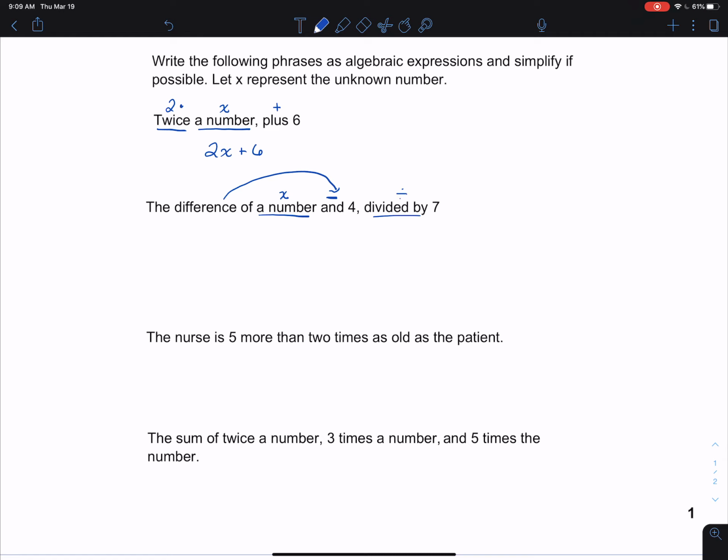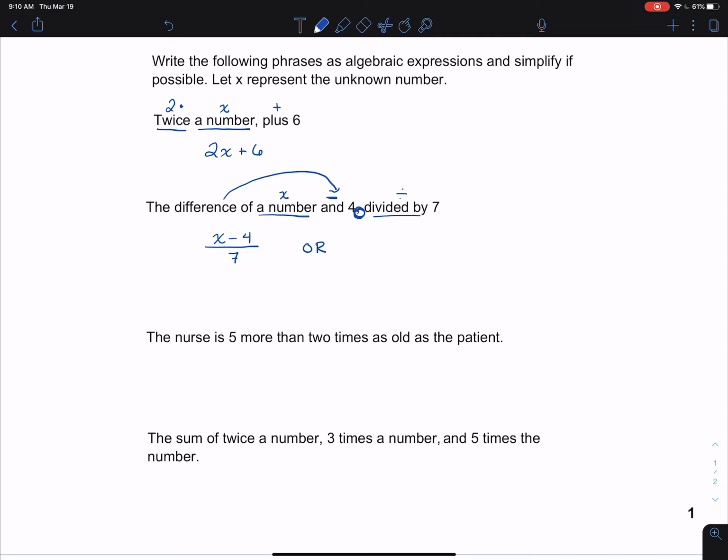Now one other thing I want to point out is this comma. That's telling us that everything before it, that number minus 4, that whole thing needs to be divided by 7. So for division, there's actually 2 different ways we could write this. I could write it with a fraction bar and say x minus 4, that whole thing, divided by 7.